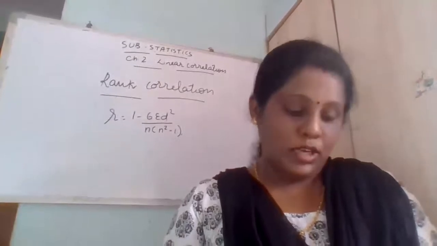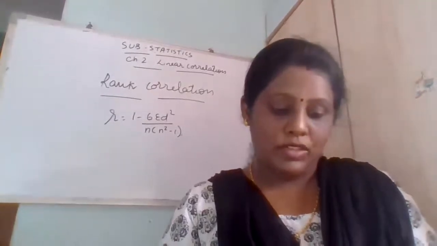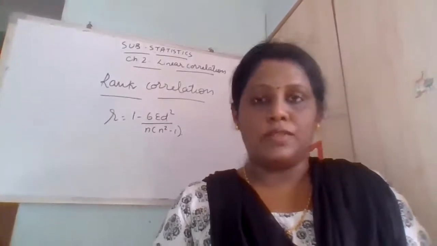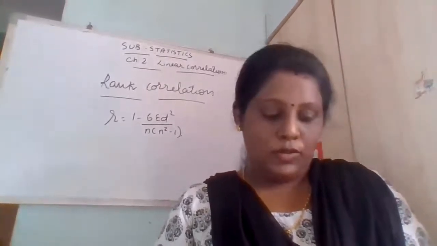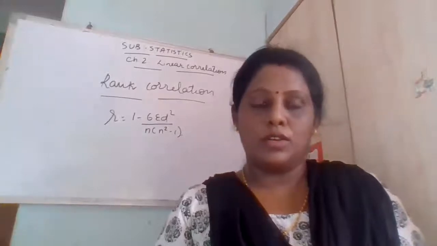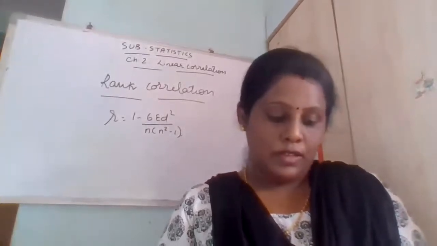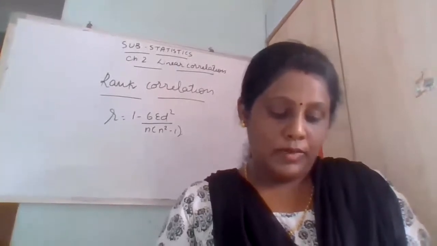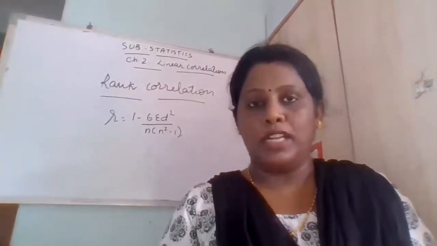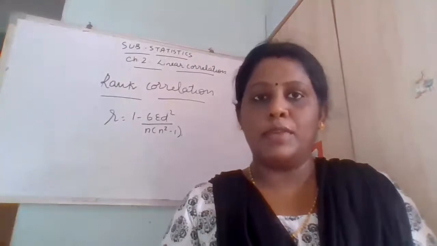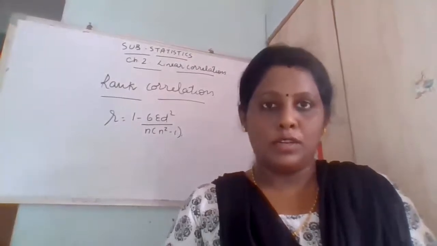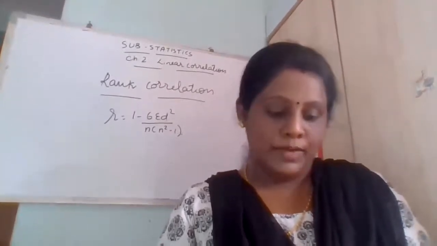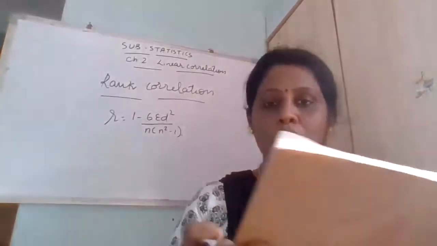Generally, when there is more dispersion among the values of the observation of two variables, rank correlation coefficient is preferred over Karl Pearson's correlation coefficient. When the dispersion is more in the two variables, at that time we will make use of rank correlation coefficient. So this is considered better than Karl Pearson's correlation coefficient.